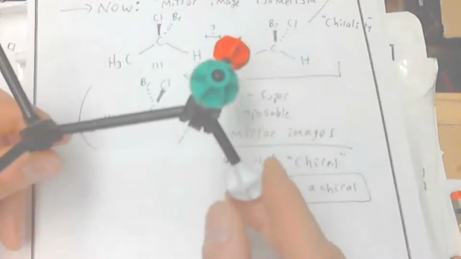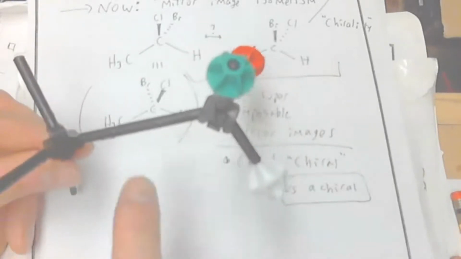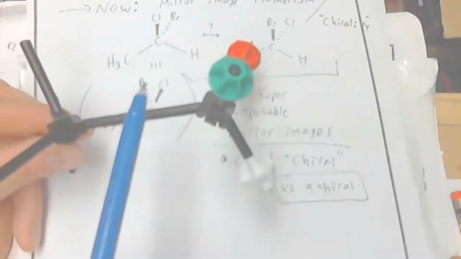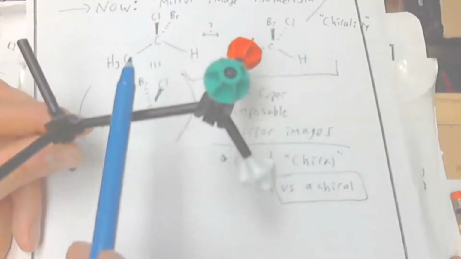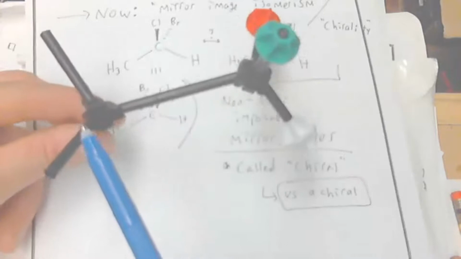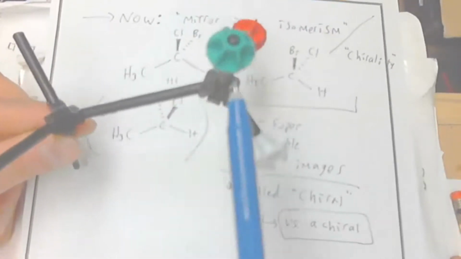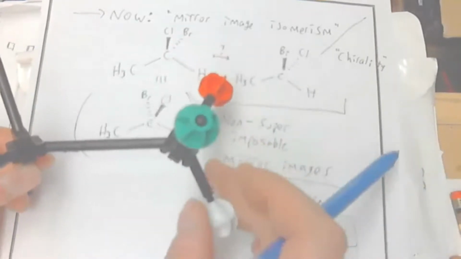This doesn't work too well with the webcam, but you can kind of see that what I made here shows that molecule. My CH3 is on the left. I'm just calling this a CH3. There's my H, which is a little white thing. Br is going away, and the chlorine's coming towards us. The green's the chlorine. See that?